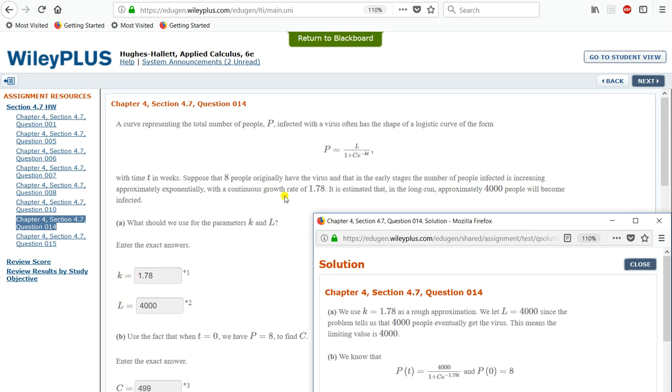K is just the growth rate, 1.78, and L is the limiting capacity, or in the long run what the number should be, and it should be 4,000 people, right? L is just the value in the long run, which is 4,000 people.